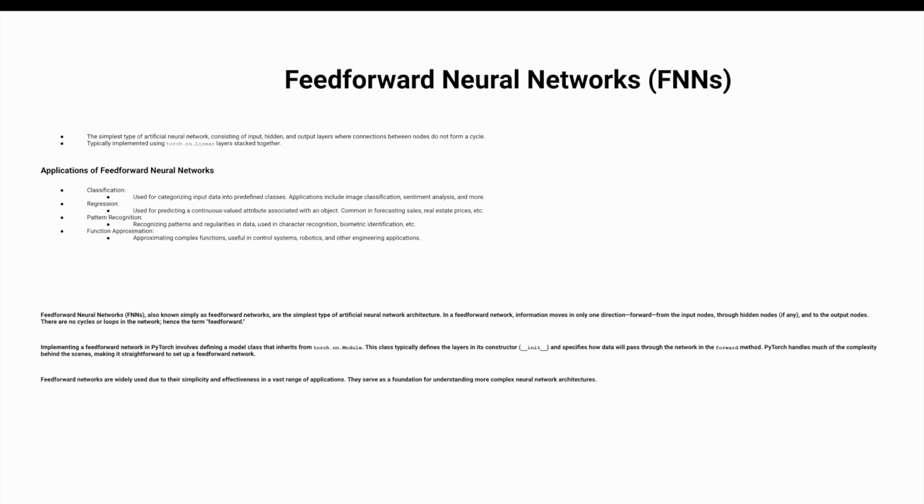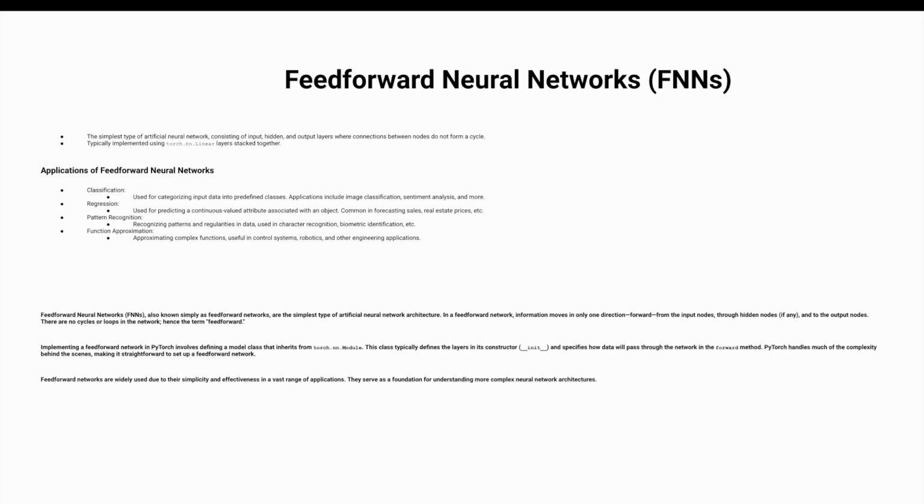We'll see this once we start creating these models, but the forward method is very important, and we'll be using it a lot when we are constructing our neural networks.